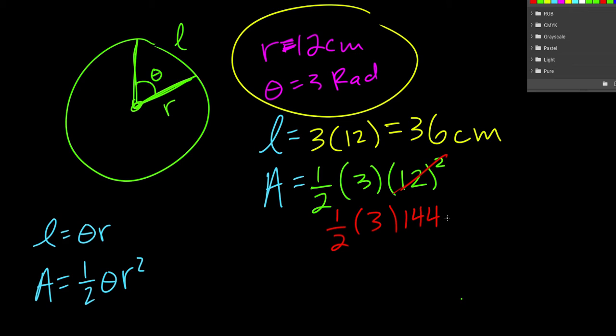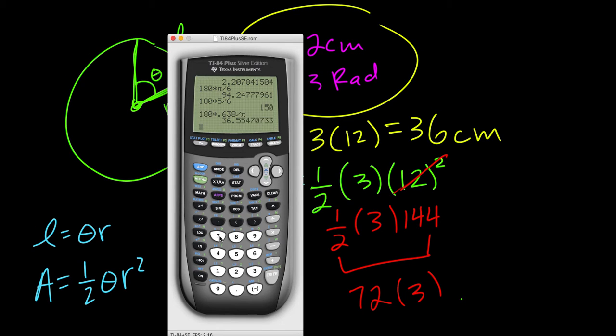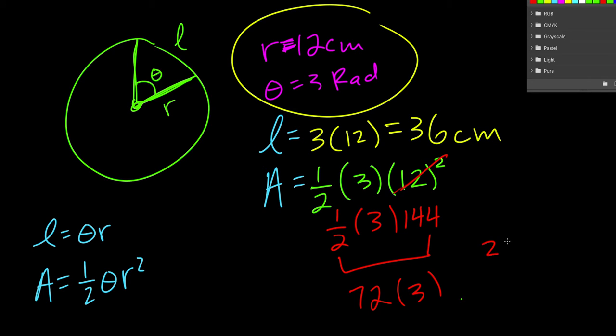It's probably easier if we cut 144 in half first. And so that's going to be 72. And then I'm still going to have to pull out a calculator, I think. So 72 times 3, that gives us 216. And since it's an area, we're going to get our length unit squared. So in this case, centimeters squared.